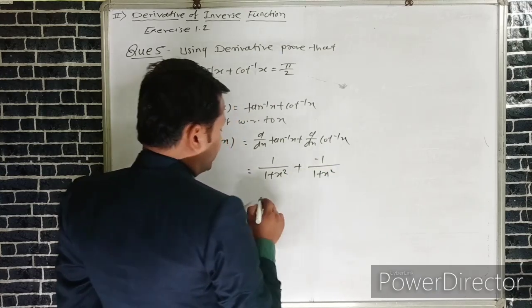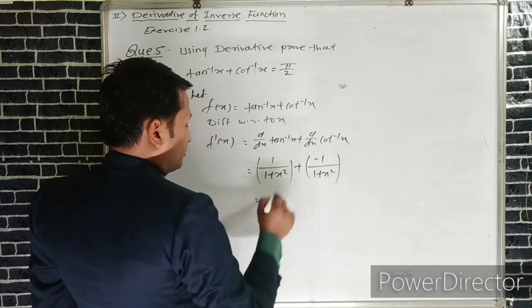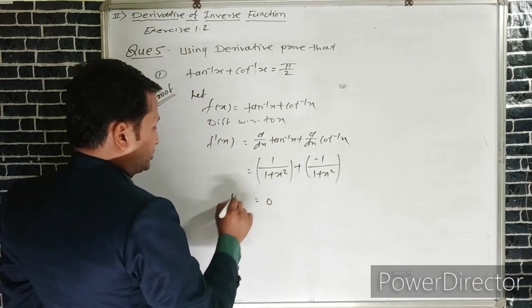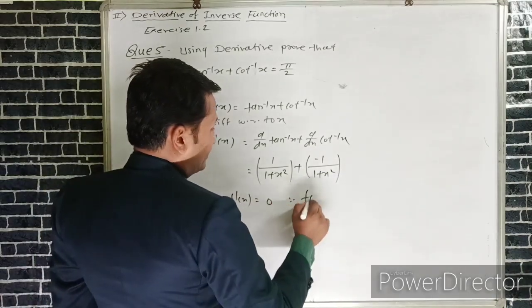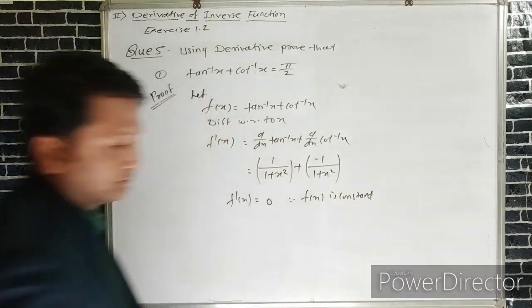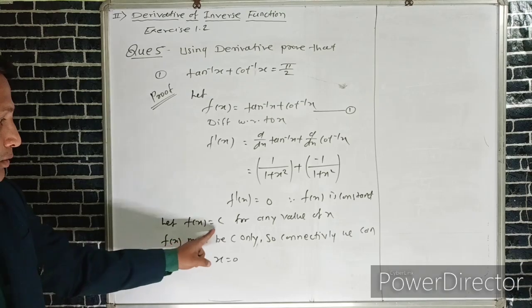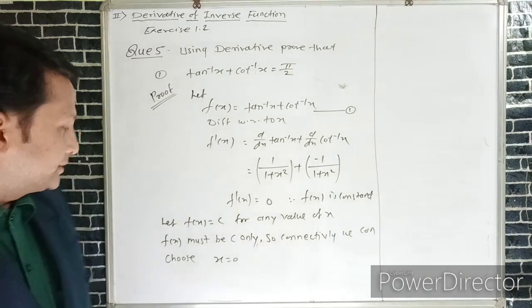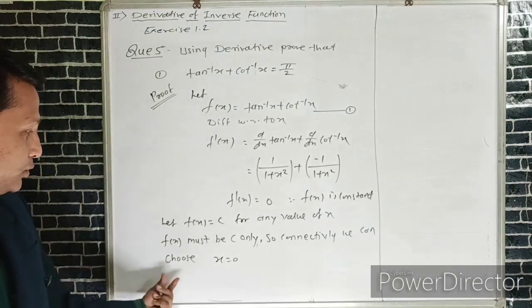Adding, we get the value 0, which is f dash of x. Therefore, we can say that f of x is constant. Let f of x is equal to c for any value of x. f of x must be c only, so conveniently we can choose x is equal to 0.